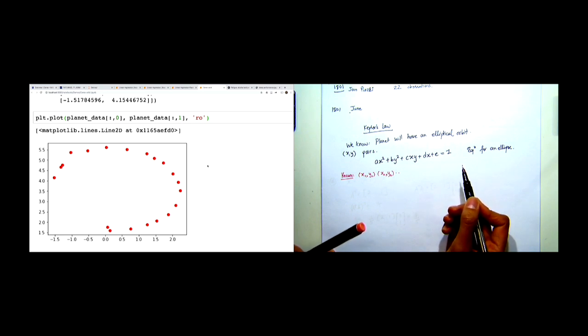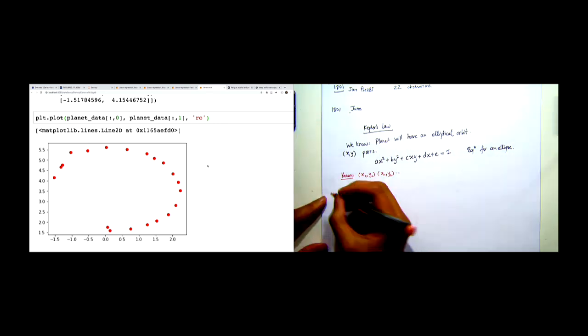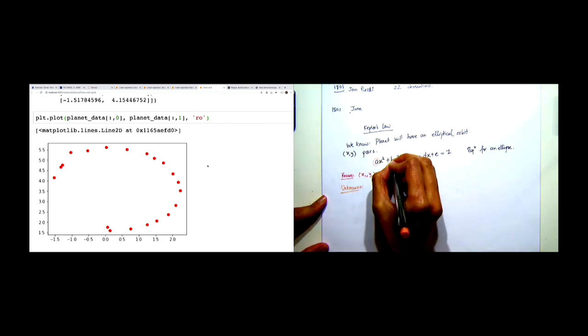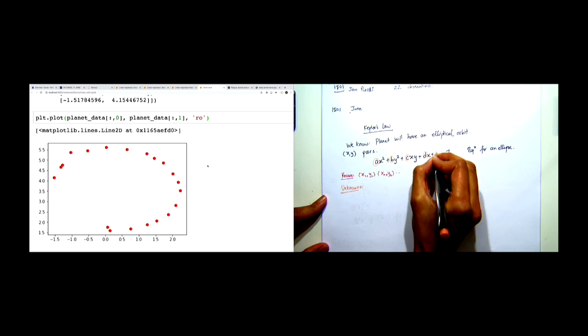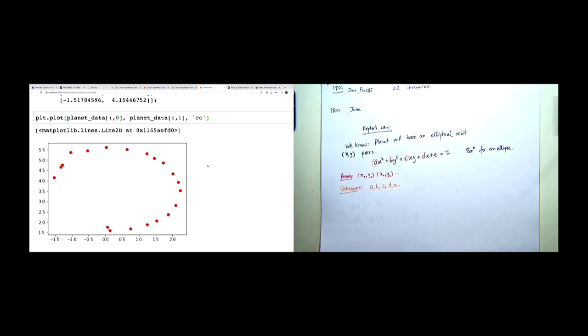We don't know what this equation is, right? So what are the unknowns? The unknowns are the coefficients A, B, C, D, and E. I want to find the equation of this ellipse. The equation of this ellipse is defined by its coefficients, right?